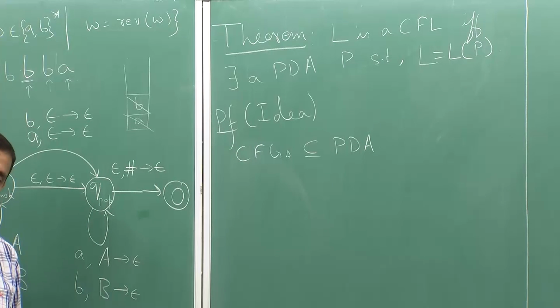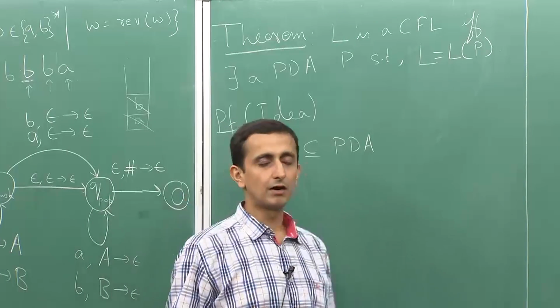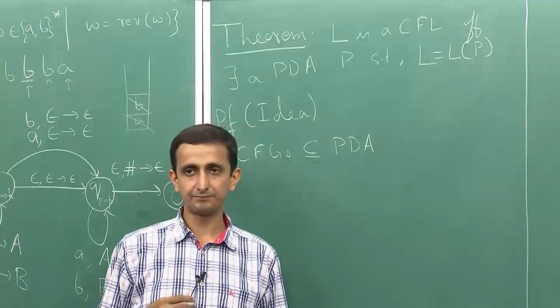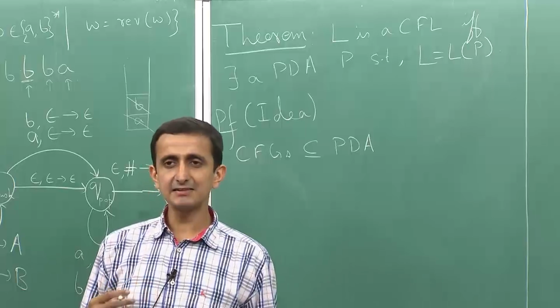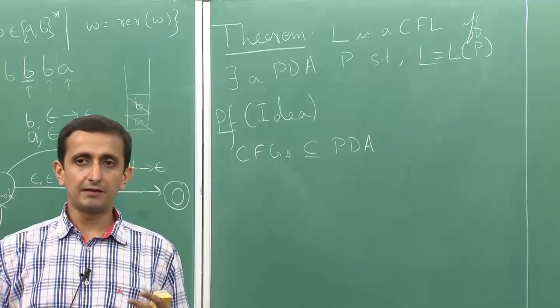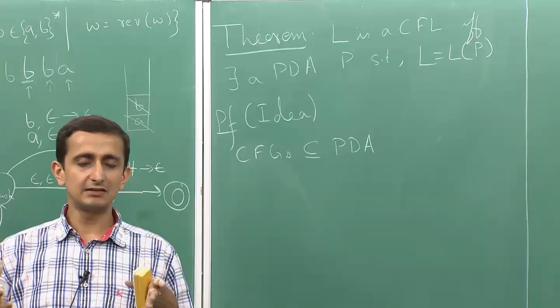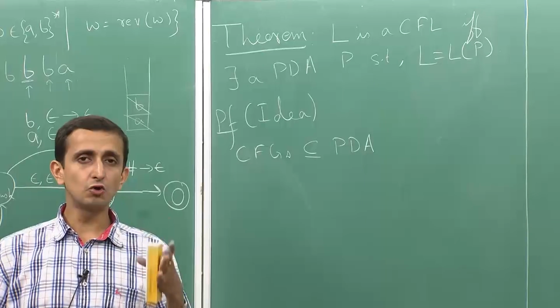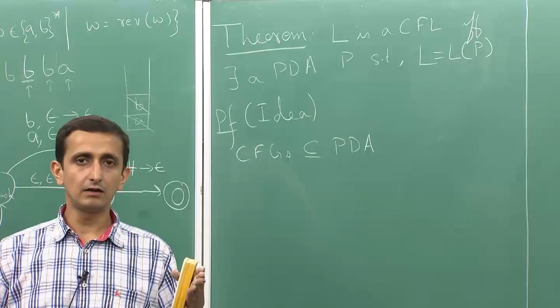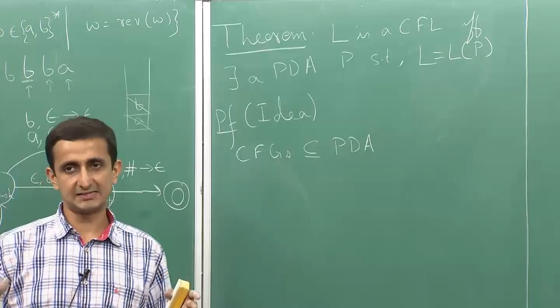Suppose we have a context free grammar, how do we create a push down automaton out of it? The idea is the following. You take a context free grammar and you use the stack to store the current string on the stack. Okay.